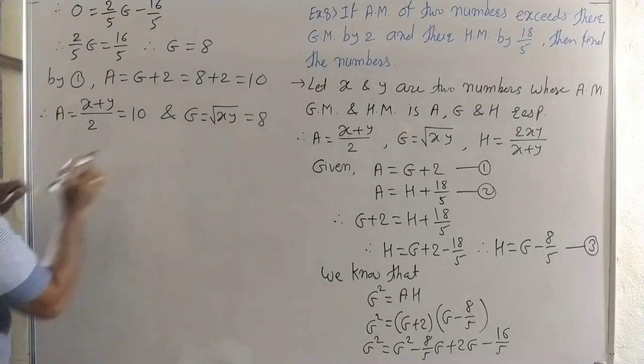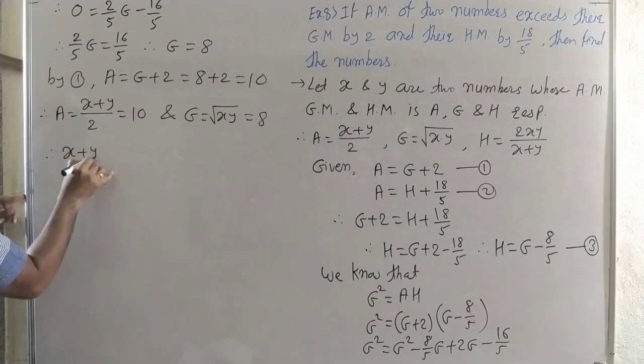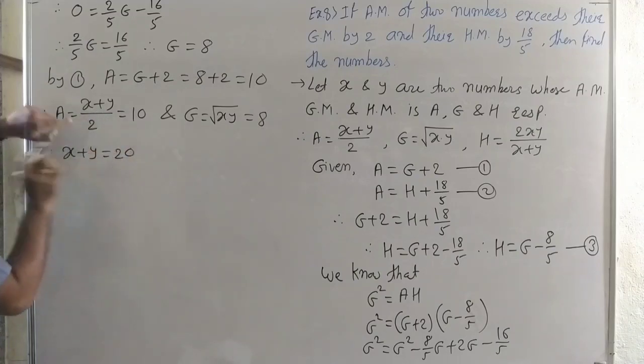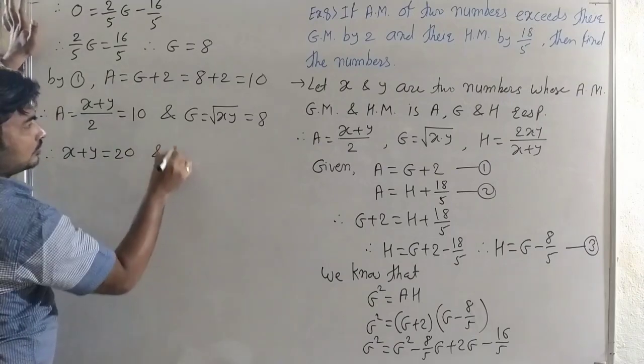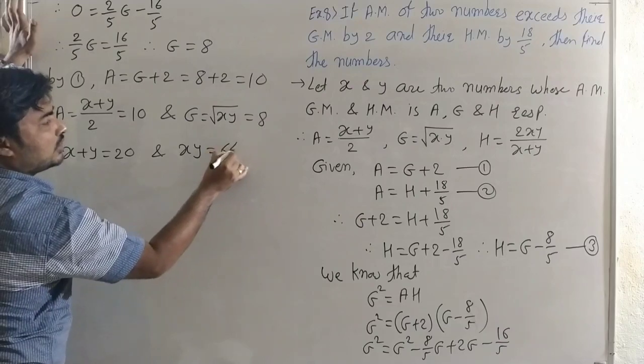See carefully this. Now from these two results, x + y = 20, and xy = 64, squaring on both sides.